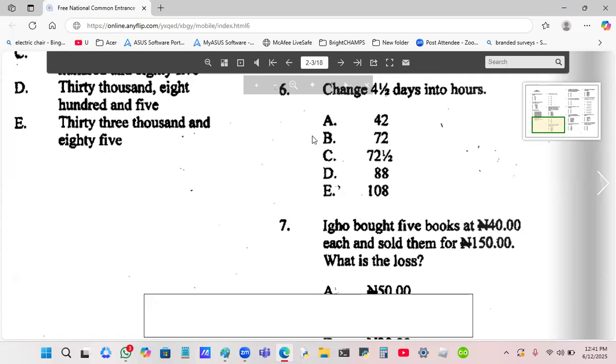Loss equals 200 naira minus 150 naira, and that is 50 naira.